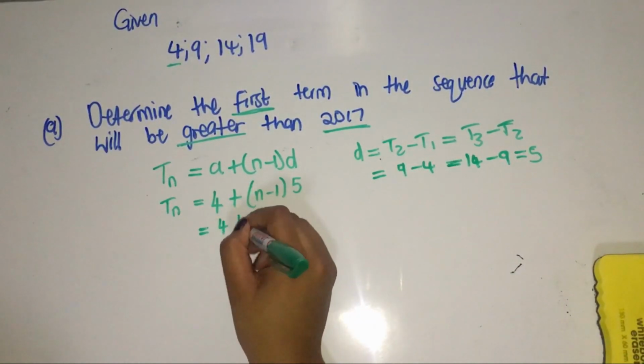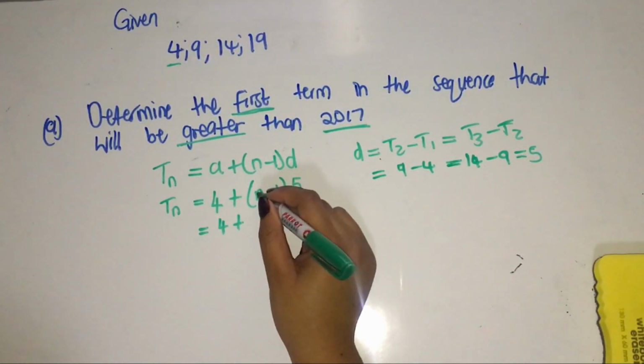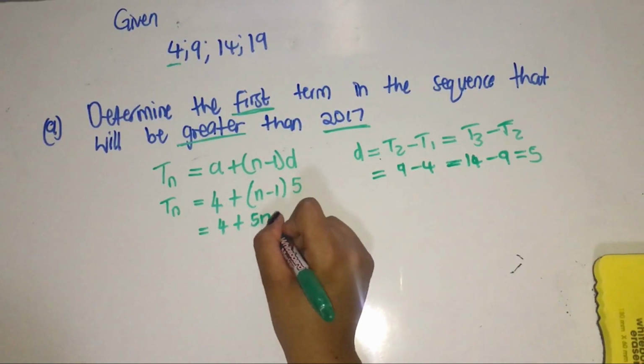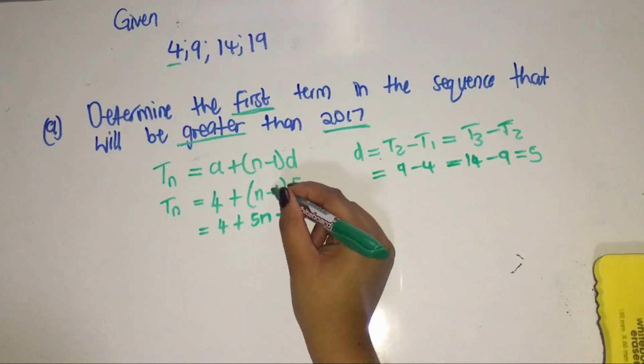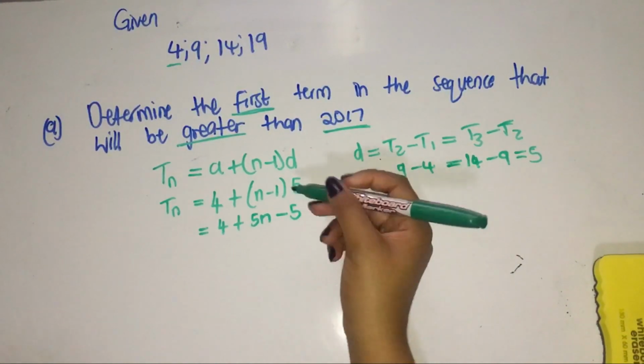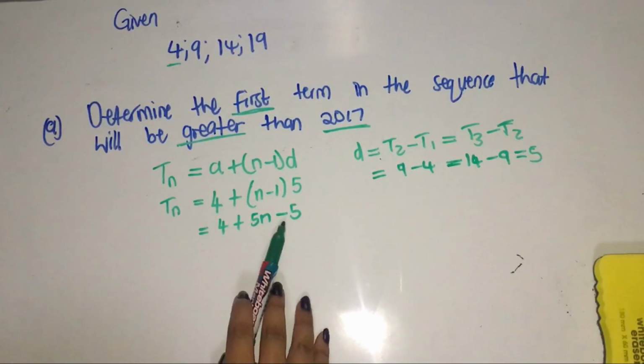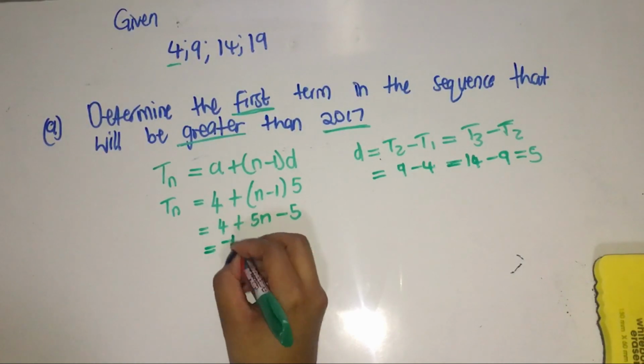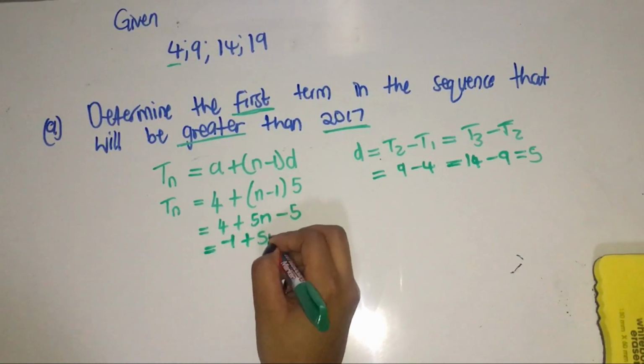So we have 4 plus 5 multiplied by n, which is 5n, minus 5 multiplied by 1, which is negative 5. So then 4 minus 5 will give us negative 1 plus 5n.